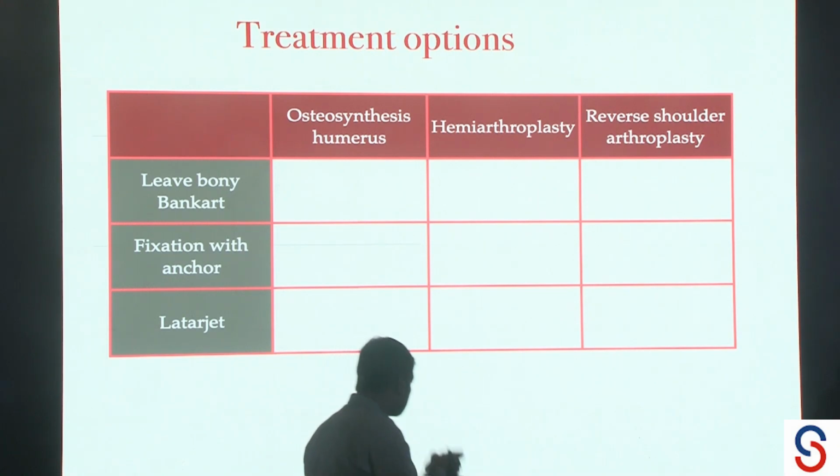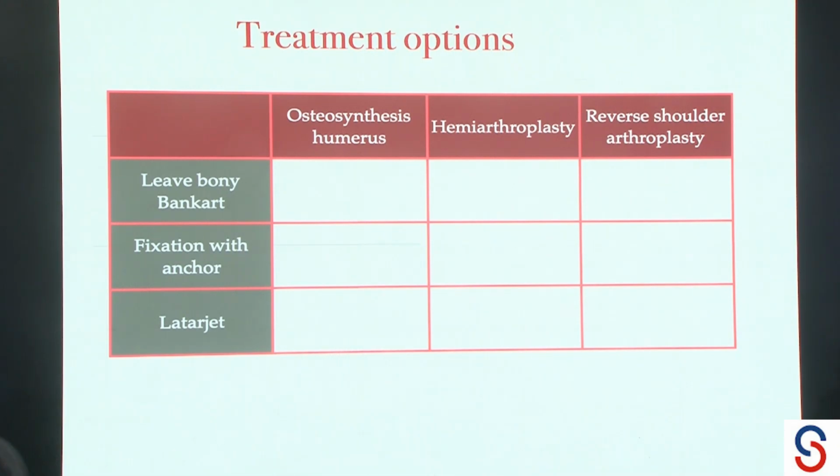If we treat the fracture of the humerus and the Bankart individually, then definitely we have 3 or 4 options, but when there is a combination, we can have 9 options which can be suitable for these kinds of cases. We can do osteosynthesis of the humerus while leaving the bony Bankart, but in this scenario the intra-articular split is not that good to be reconstructed well, so we leave this option.